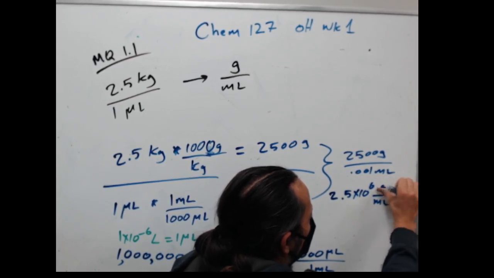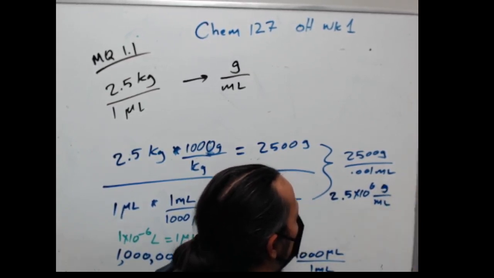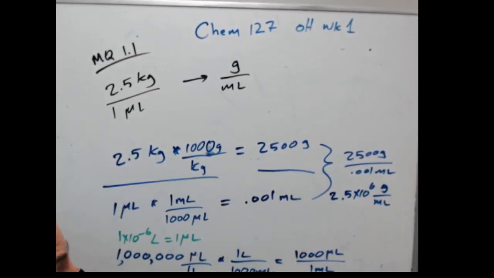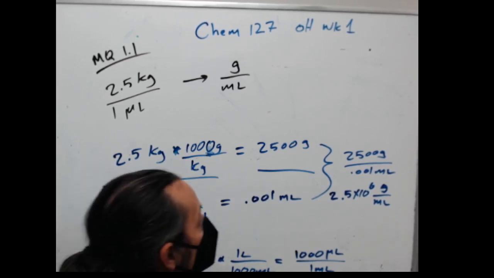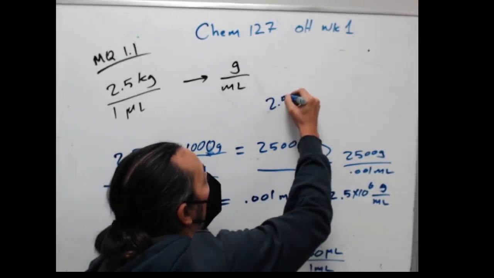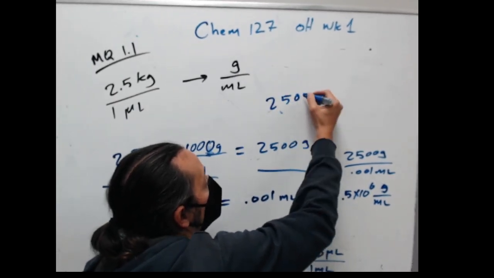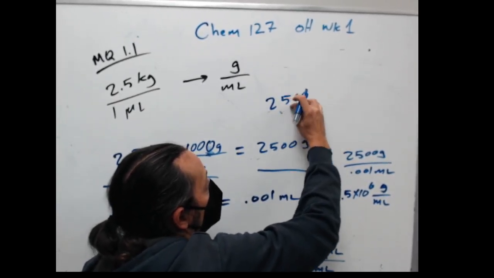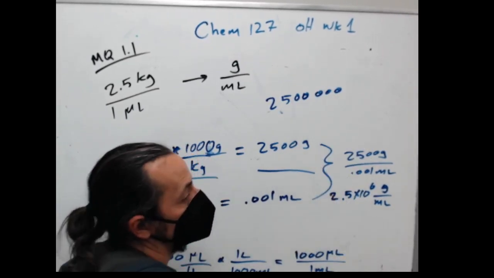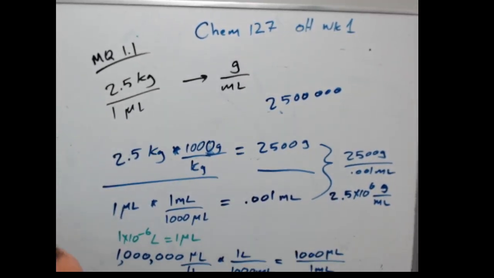Right, again, introducing this idea of scientific notation. There's a couple reasons why we do scientific notation. It's more condensed, it's easier to write down. 2.5 times 10 to the 6 is easier to write down than 2,500,000.